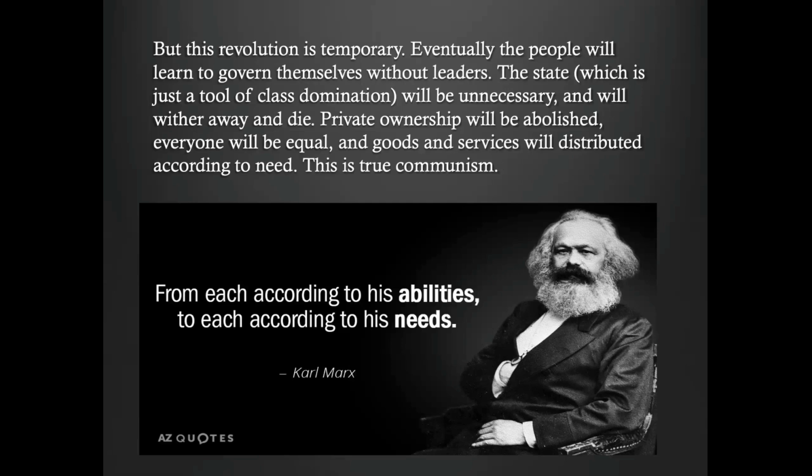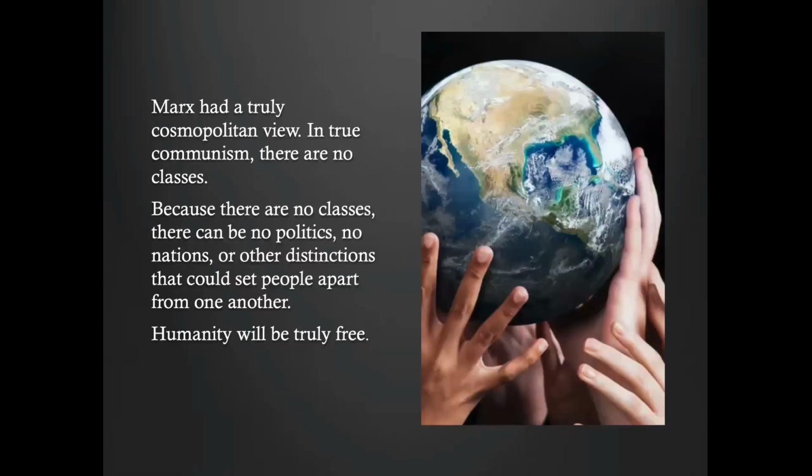True communism. And understand here that Marx had a truly cosmopolitan view, because in communism there are no classes. And because there are no classes, there is no politics, no nations, no states, no other distinctions that could set people apart from one another.